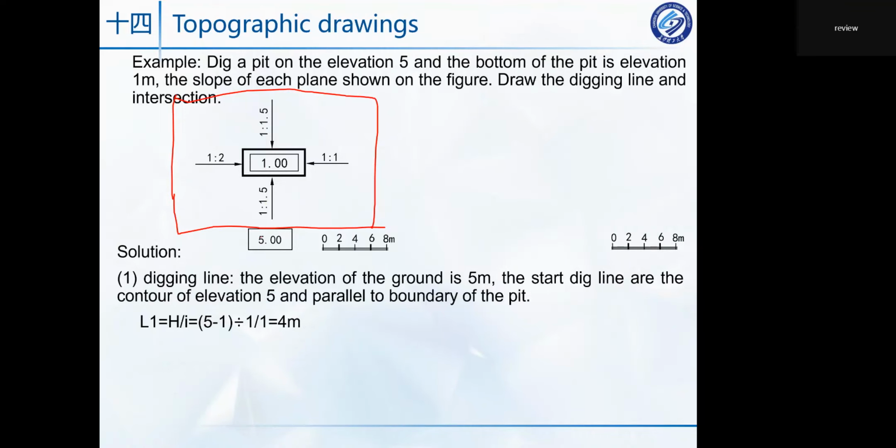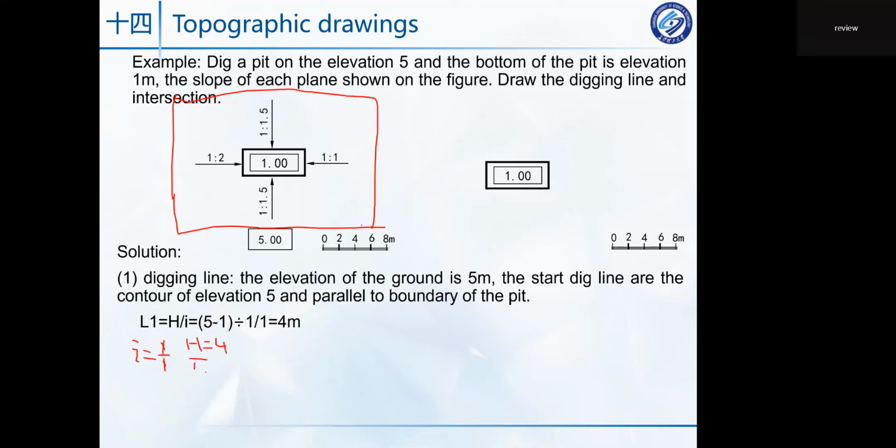It means use this ground elevation minus this one: 5 minus 1 is equal to 4. You can see the slope is 1 to 1, and the height h is 4.